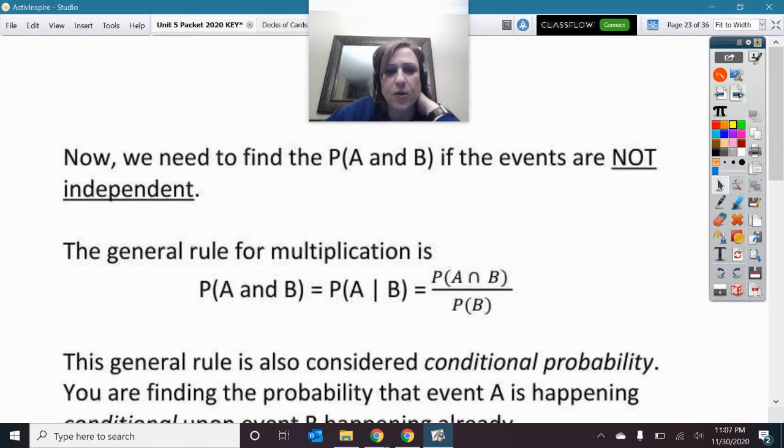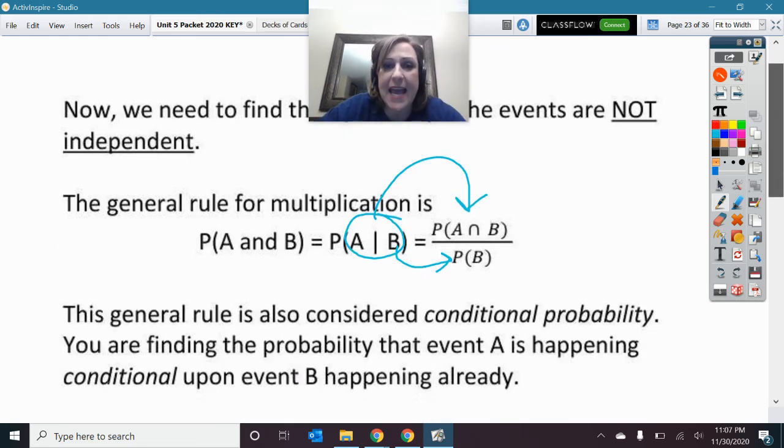So let's see what's happening next. Here it is. This works whether we have independent events or not, because it's taking into account this conditional upon you being a part of B. So given that you have this event B happening, the total B probability is on the bottom, and the intersection of A and B is on top.